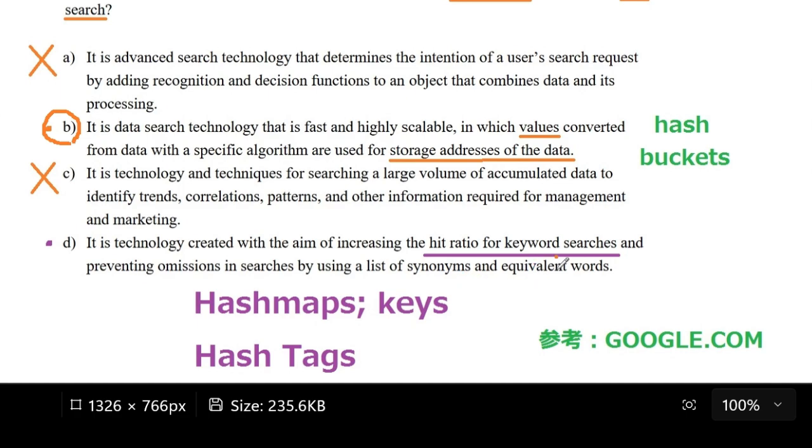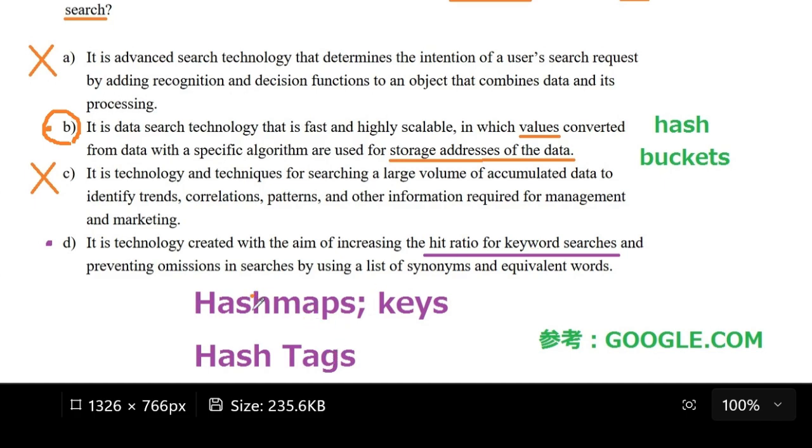And what I remember about hashing is that we need keys. And if you have worked with hash maps, you would know too that you use a key to find out what the value would be. And if our key would be a keyword, then that would tell us the information.